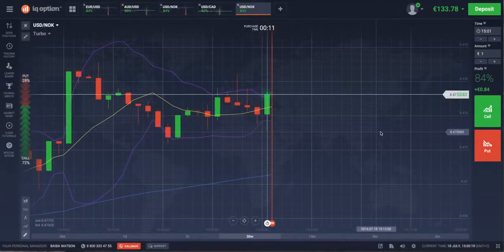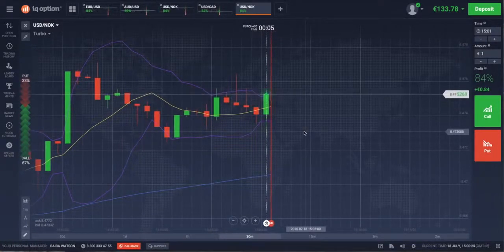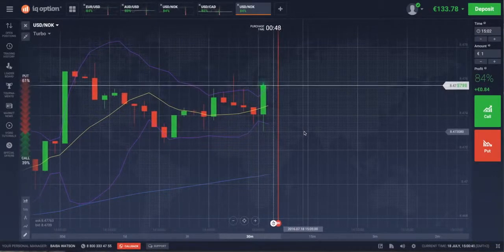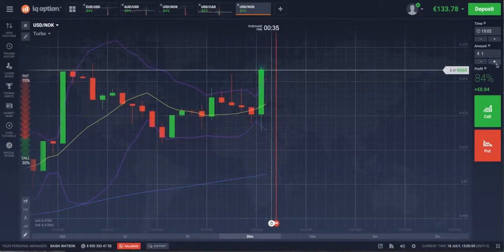I'm just sharing with you some good strategies that I used to use, maybe with some modifications I put on them. Get ready to invest on call. I suggest you to start from $1.